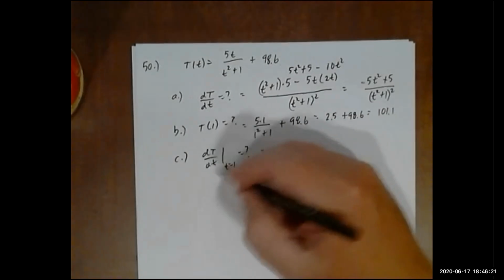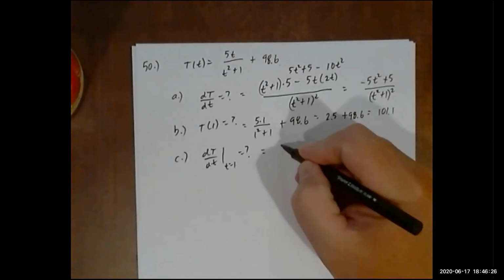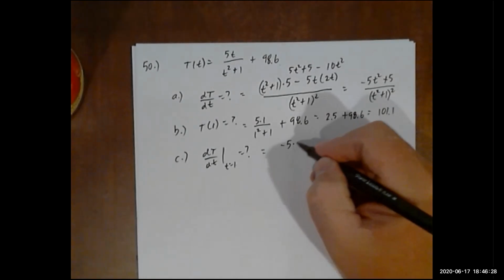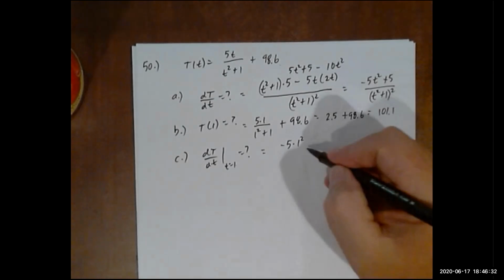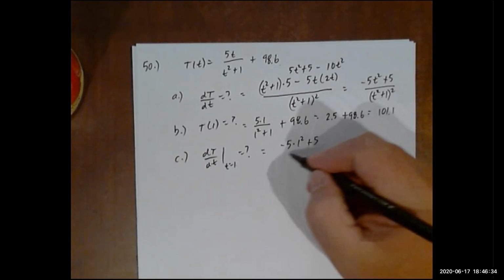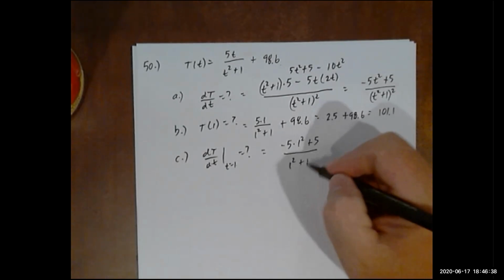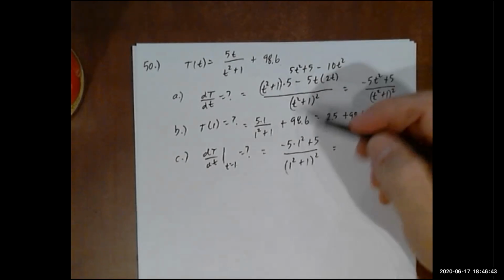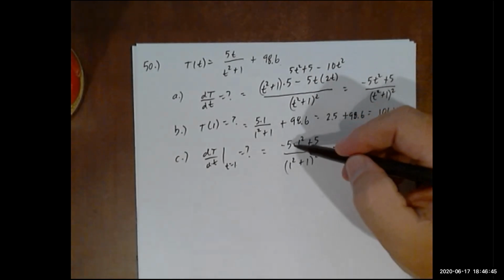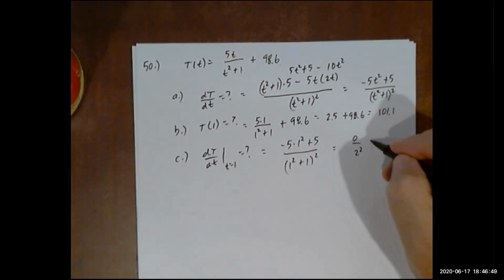So now I use the derivative, which is right here, and I plug in 1 for t in this derivative equation. So negative 5 times 1 squared plus 5 over 1 squared plus 1, squared. So negative 5 times 1 squared is negative 5, plus 5 is actually 0, over 2 squared.